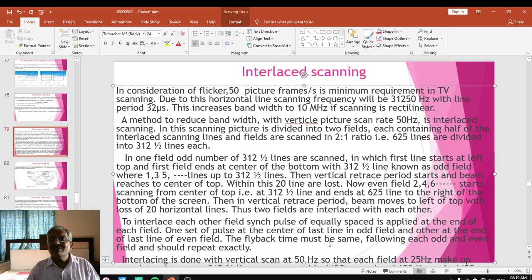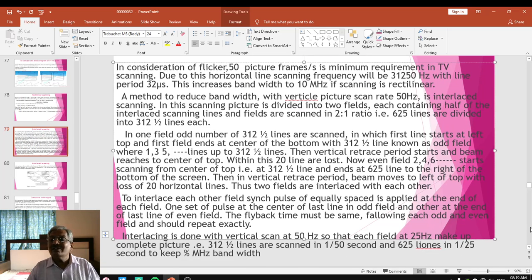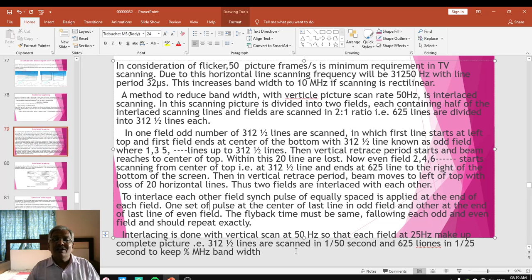The flyback time must be the same following each odd and even field and should repeat exactly. Thus, interlacing is done with the vertical scan at 50 Hz, so that each field is scanned at 25 Hz to make up a complete picture.